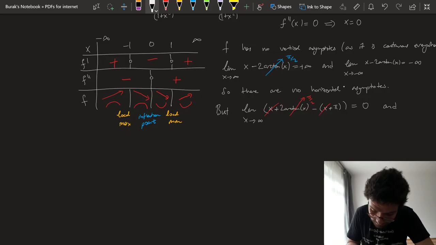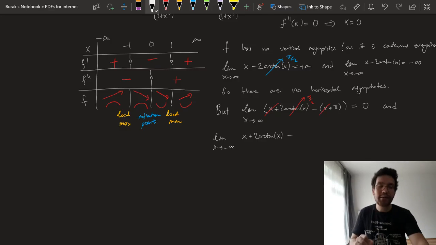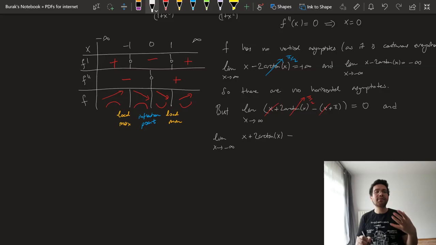And a limit of the following difference. Now, this time I'm taking a limit at negative infinity. So when x goes to negative infinity, arctangent of x goes to minus pi over 2. So when I multiply by 2, this term here is going to go to pi minus pi.